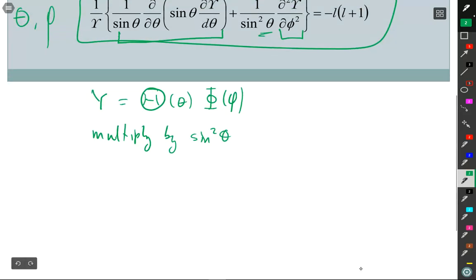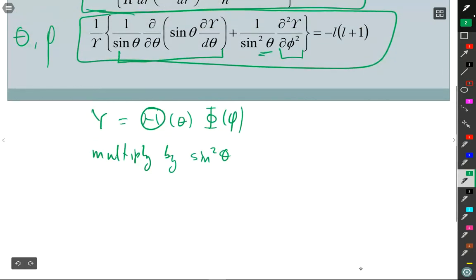And what I'm going to have is sine theta over capital theta of theta d theta, sine theta d capital theta.